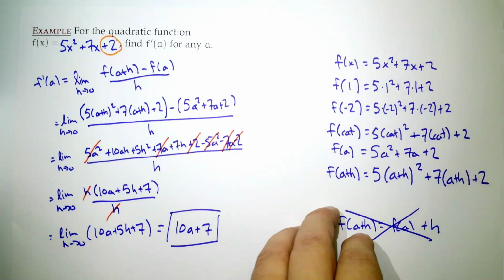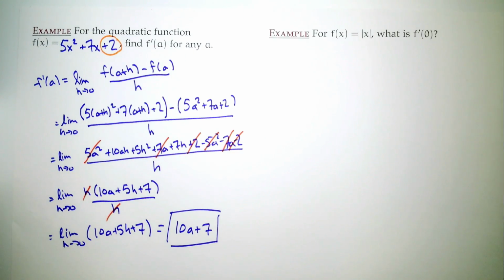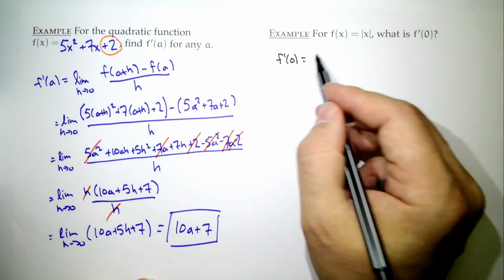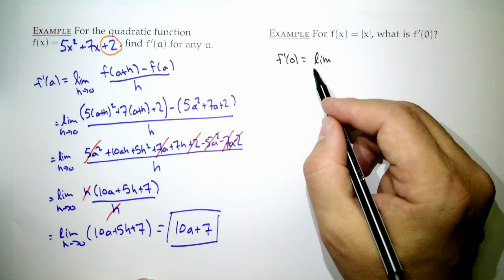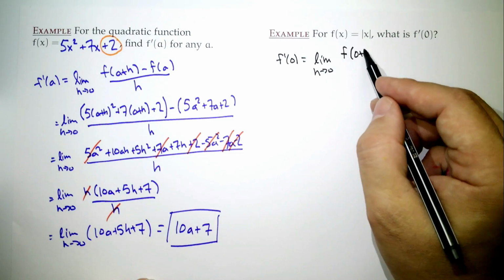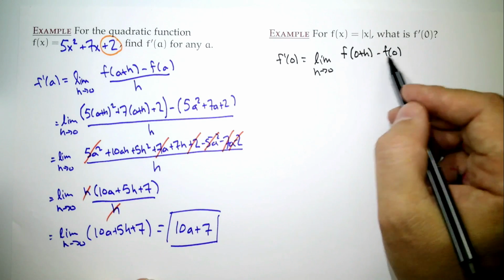All right. Well, let's do another example. Suppose I have f of x equals absolute value of x. Here's a question. What is f prime of 0? Let's see if we can figure this out. According to the rule, f prime of 0 is equal to the limit as h goes to 0 of f of 0 plus h minus f of 0, all over h.